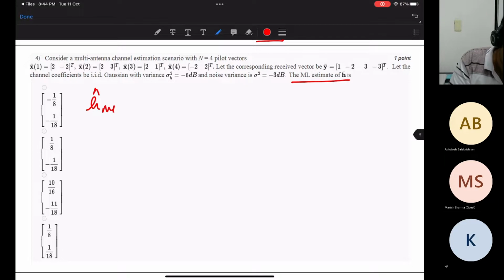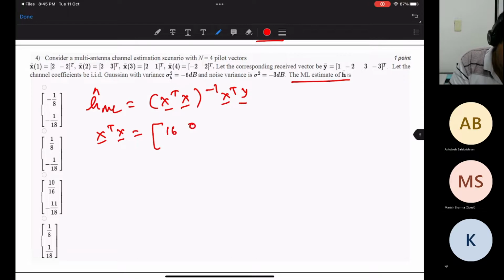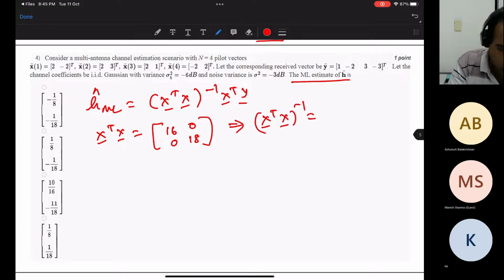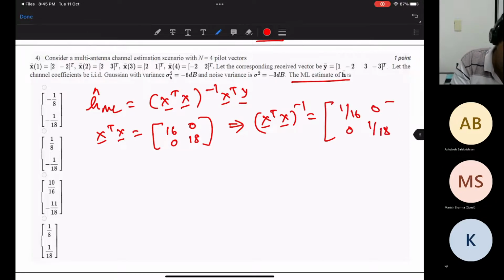So H hat ML is X transpose X inverse X transpose Y. We solved for X transpose X in the previous question: it was 16, 0, 0, 18. So X transpose X inverse will be 1 by 16, 0, 0, 1 by 18.